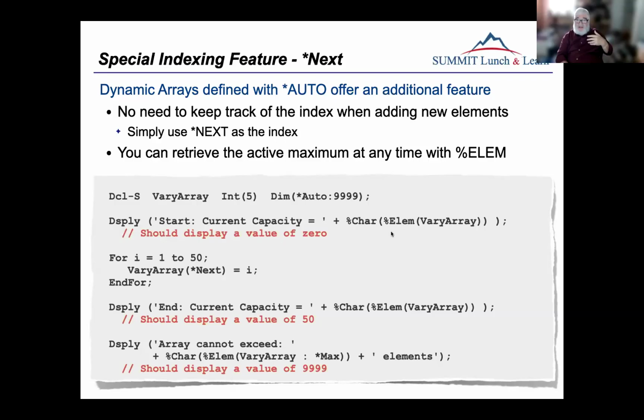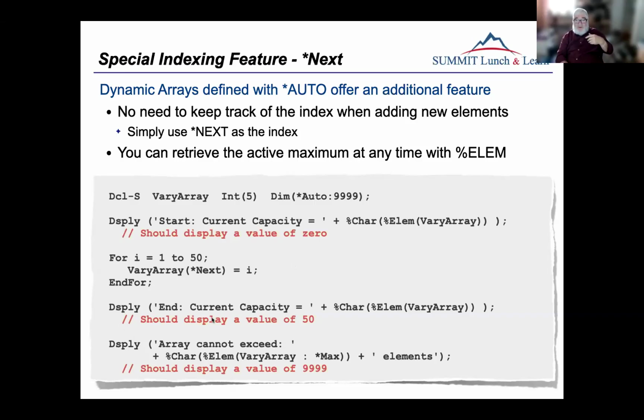Current capacity is this, and it should display a value of 0 there. Then for I equals 1 to 50, array star next equals I, and it will store the count 1 in element 1, 2 in element 2, 3 in element 3, and so on, because we've said star next.